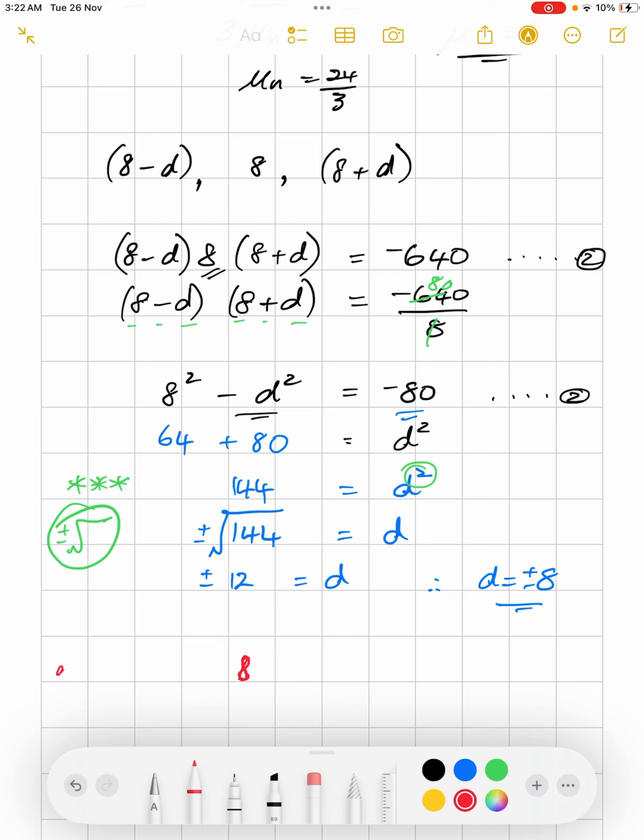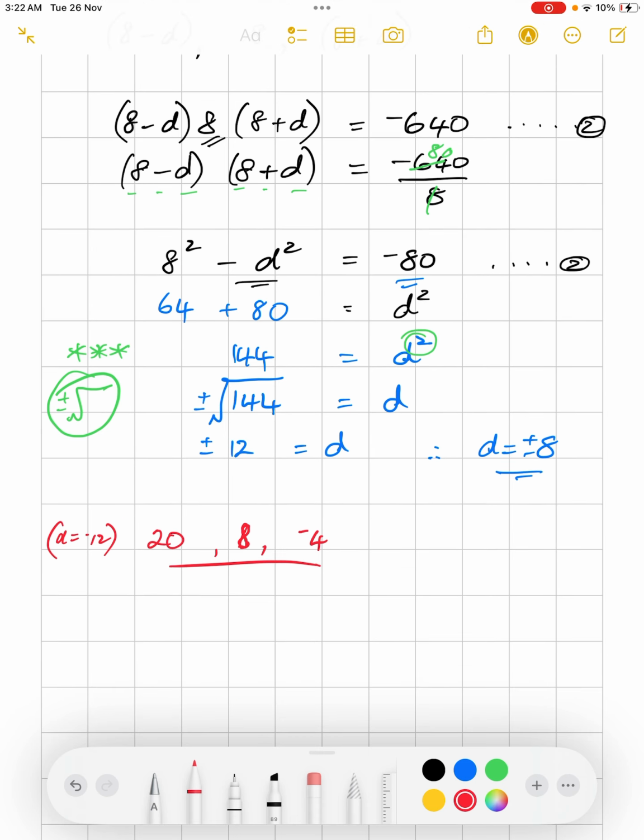Let's use the negative 12 first of all. So 8 minus 12 will be negative 4, and 8 minus negative 12 is 20. So they are the three numbers. Or d could be positive 12.